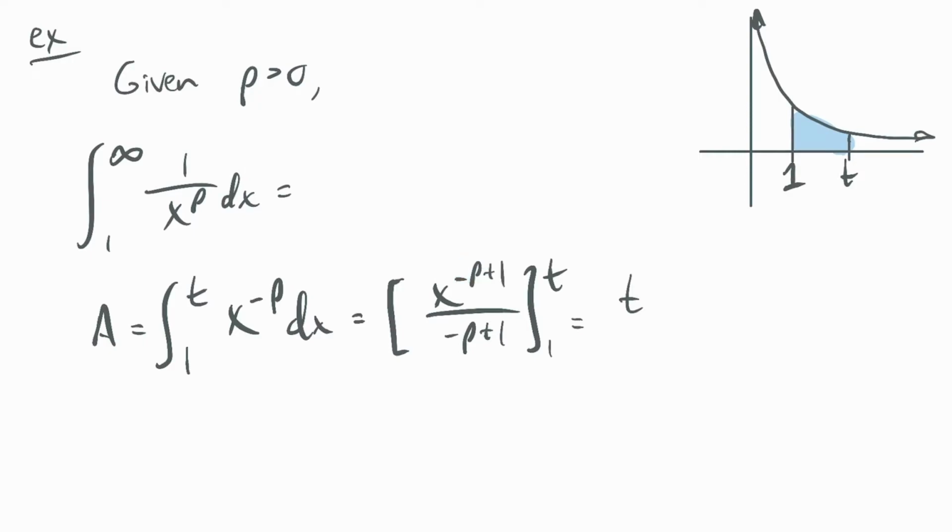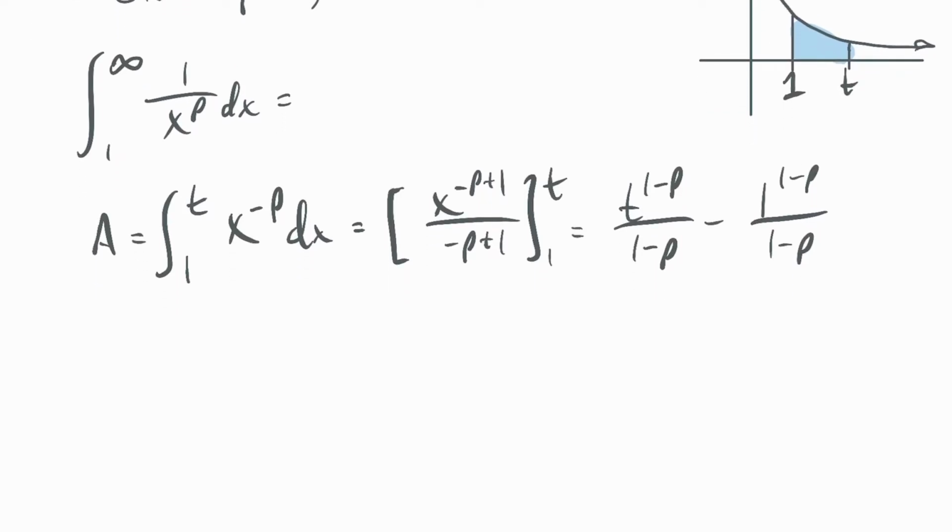I can write it as 1 minus p if I want. That's optional. So t to the 1 minus p power over 1 minus p, minus 1 to the 1 minus p power over 1 minus p. Okay, so this equals, in fact, I can do a little bit of factoring if I like. I have options here. I'm going to factor out the 1 over 1 minus p, put that in front: 1 over 1 minus p times t to the 1 minus p power minus 1.